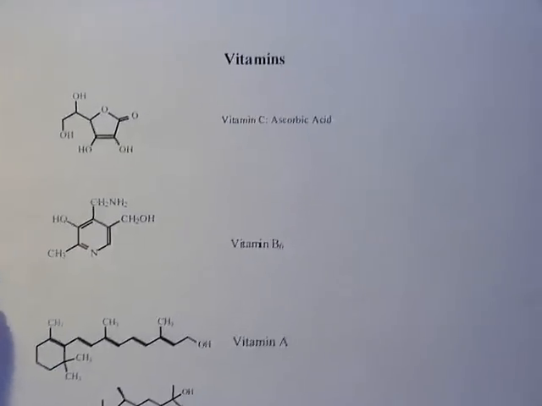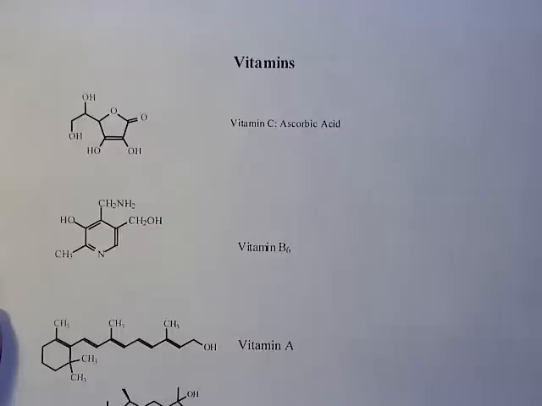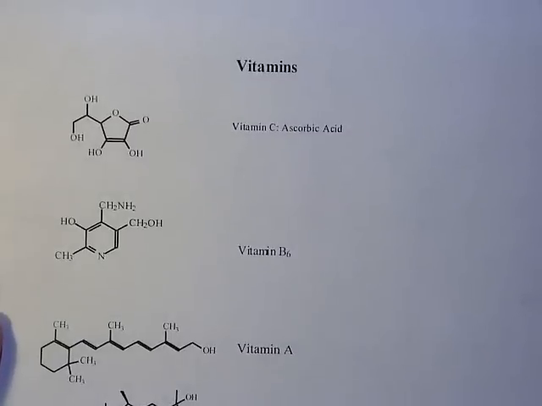And as you know, vitamins are the compounds that are essential for proper functioning of the human body, and we can't make these, so we have to obtain these by diet, and depending on the type of vitamin, we need from microgram to milligram quantities. But vitamins are basically divided into two different types: they're either water soluble or fat soluble.